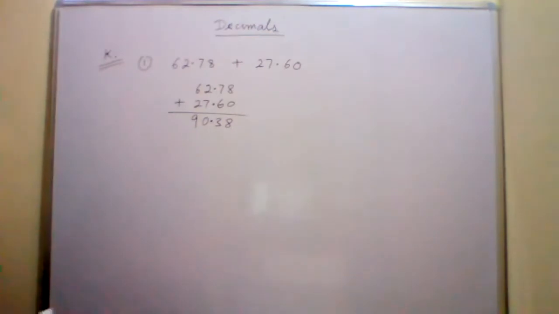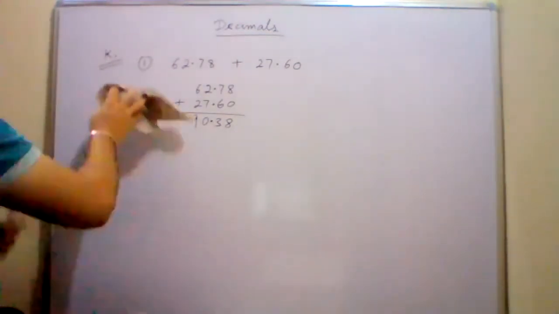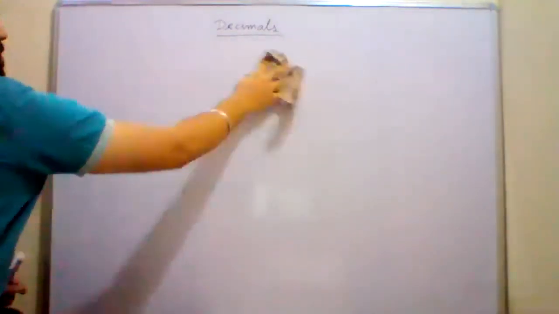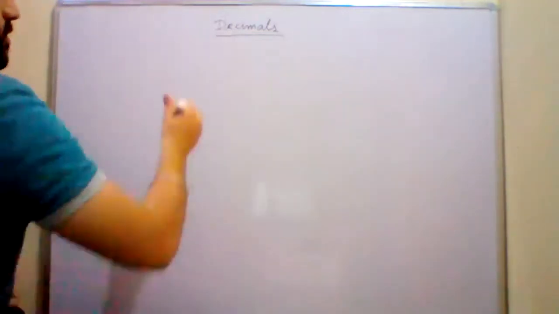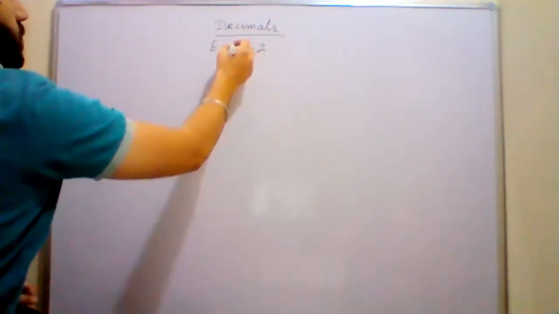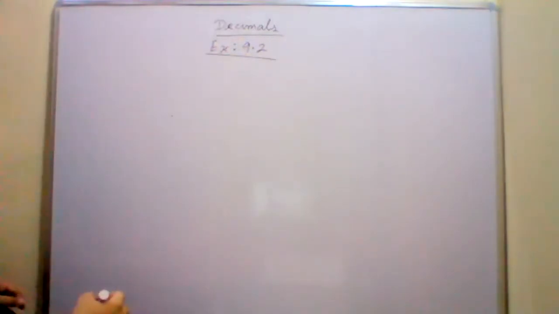Okay, now we are starting with exercise 9.2. All of you, please pay attention. Multiplication of decimal numbers.